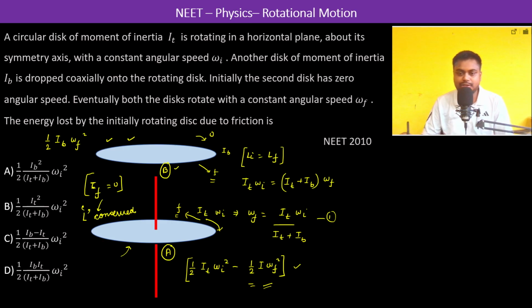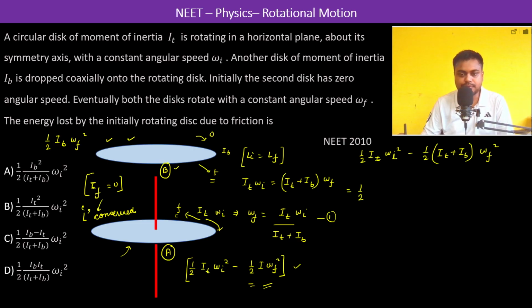So what we'll be doing is finding the total energy loss due to friction. The total energy loss due to friction will be half IT omega initial square minus half IT plus IB omega final whole square. Let's find this.